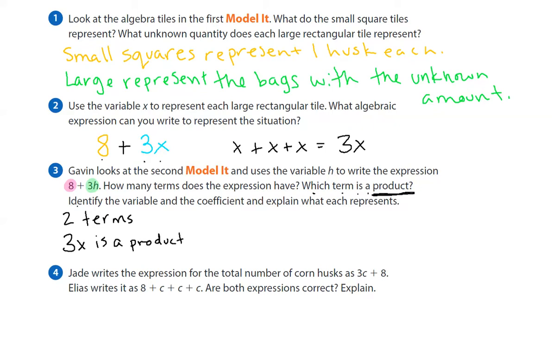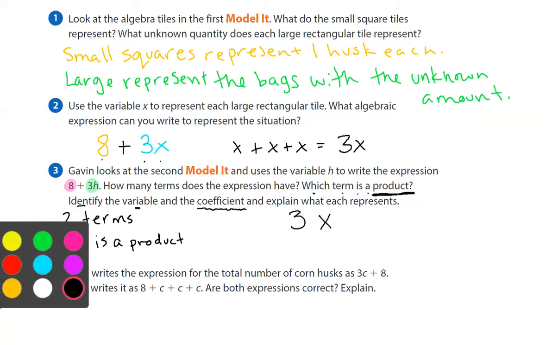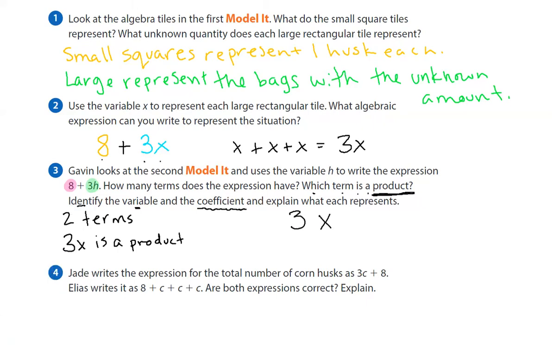Okay, now we need to identify the variable. I know you know what a variable is, but do you know what a coefficient is? So the variable, as you know, is x. I'll even put over here 3x, where this is the coefficient, this is the variable, and what do they represent?